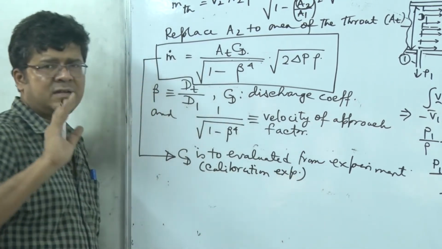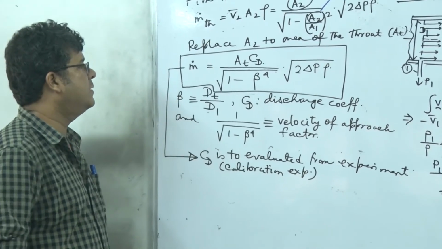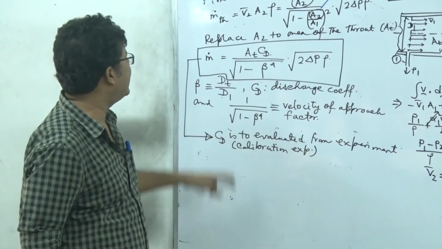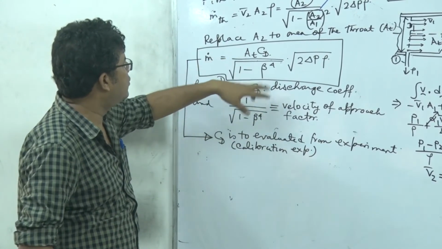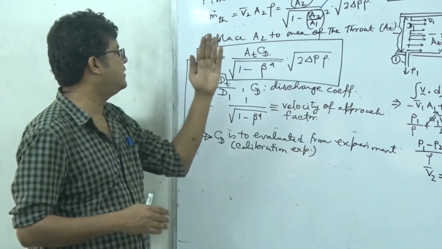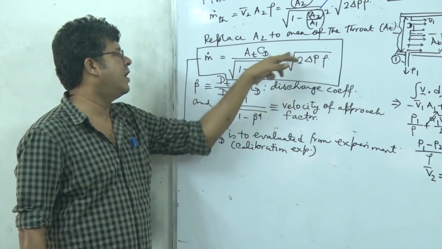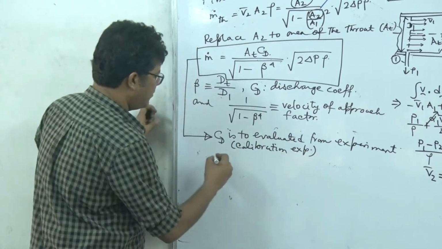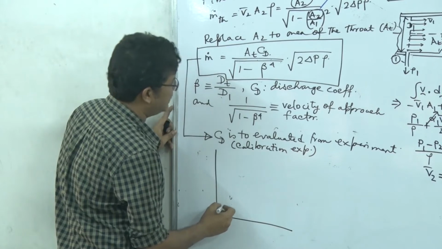That means that once we have an orifice meter, I don't know the value of CD, but I know what mass flow rate is flowing because it is a calibration experiment, everything is known. And we know the area of the throat, beta, we will measure the pressure drop, and I will plot this m dot versus the entire expression of this right hand side excluding the CD. So I will get some plot like this, points like this.